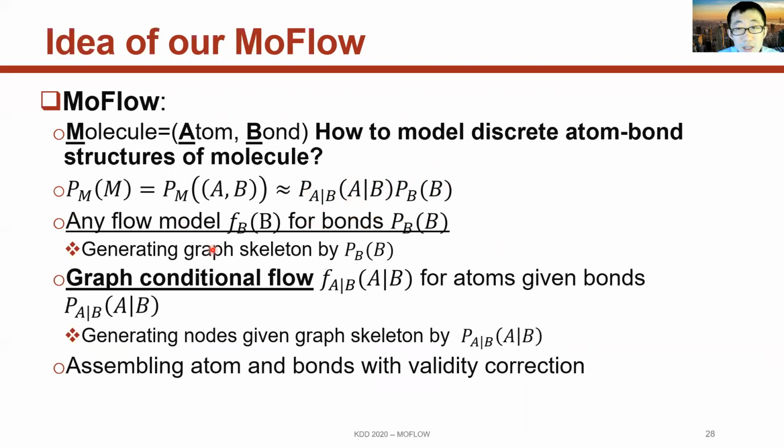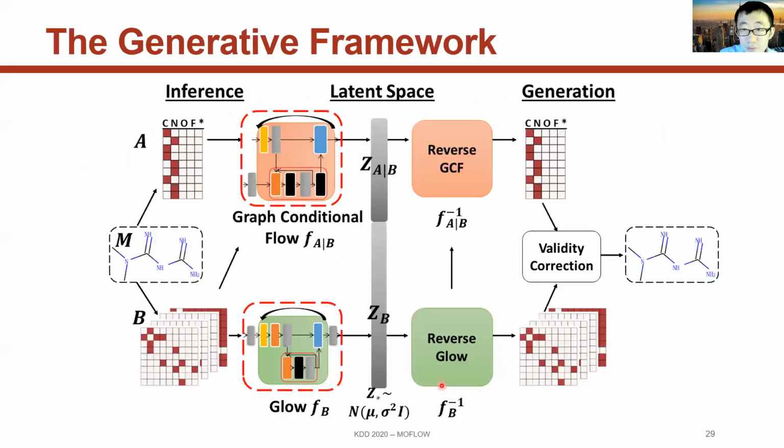We can use any flow model to learn the bond probability P_B, which generates the graph skeleton of molecular graphs. Given bonds, we propose a novel graph conditional flow F_A|B to generate atoms given the bond skeleton. Then we assemble atoms and bonds into a chemically valid molecular graph.